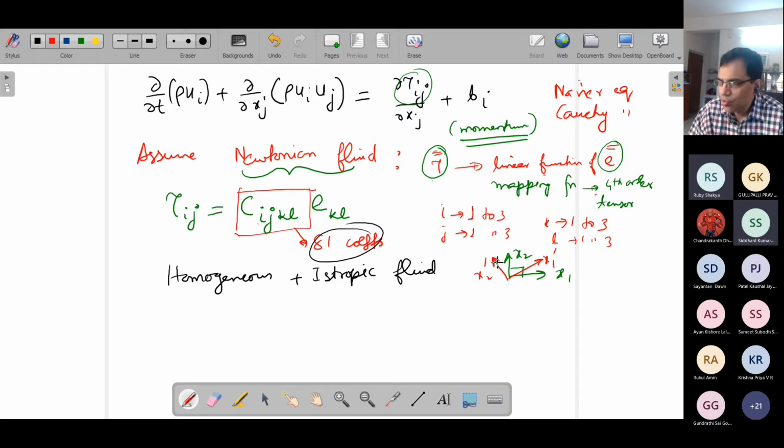So the orientation of the coordinate axis is now changed. But if this mapping is independent of this change in orientation or direction of the coordinate axis, we say that it is isotropic. So one particular way in which we can establish isotropy, therefore, is invariance due to rotation.